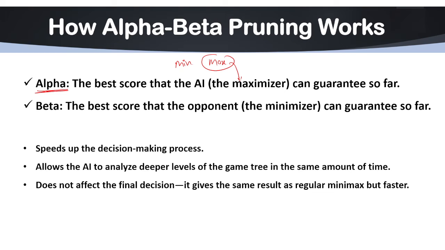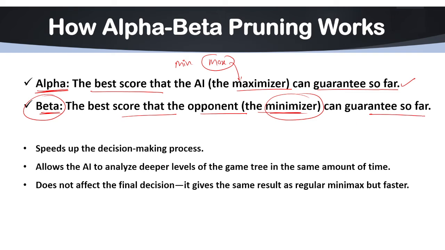Here alpha is the maximizer and beta is the minimizer. Clear? So alpha is the best score that the AI, that is the maximizer, can guarantee so far, and beta is the best score that the opponent, that is the minimizer, can guarantee so far.